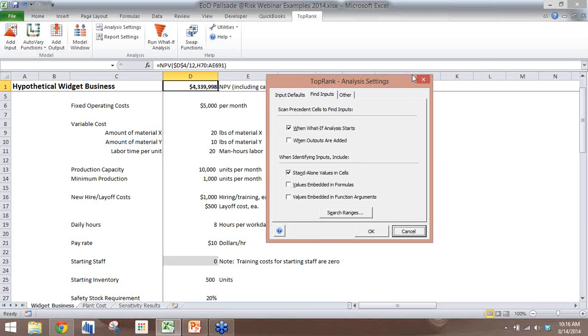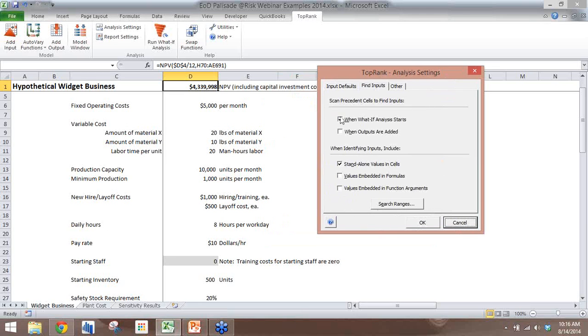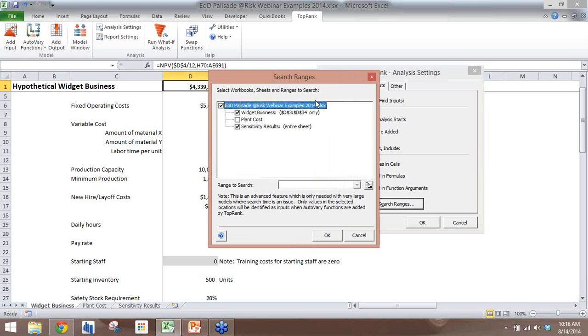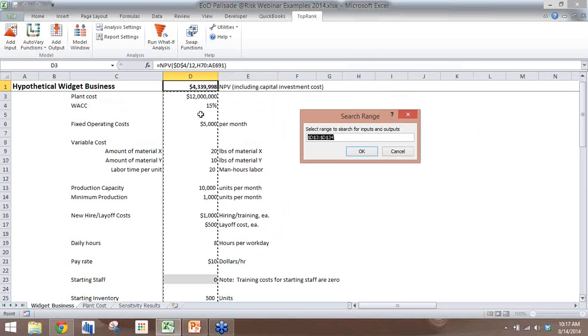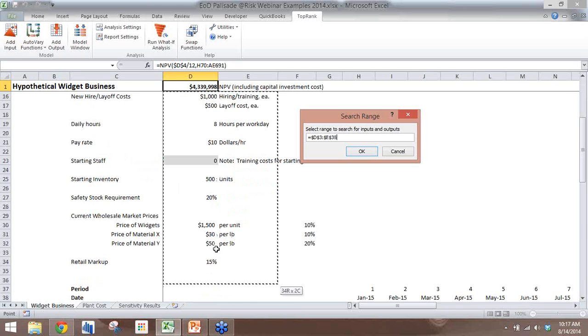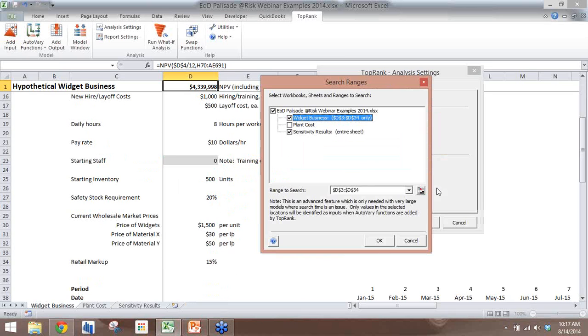So as I said, we're going to do a what-if analysis when the model starts. We're going to search for the inputs, but then I'm going to set some ranges here. In this case, I specified this particular column of inputs for the model in terms of looking for key drivers of the business.